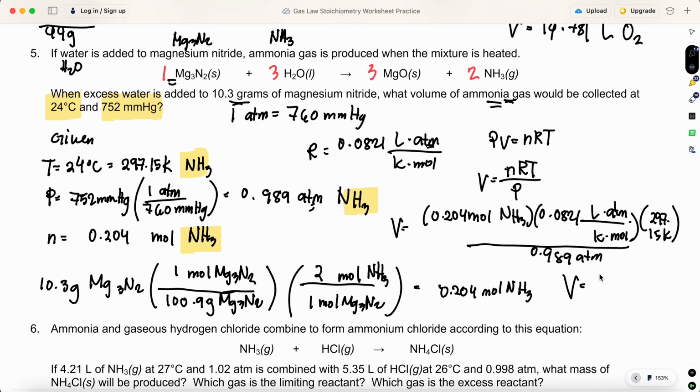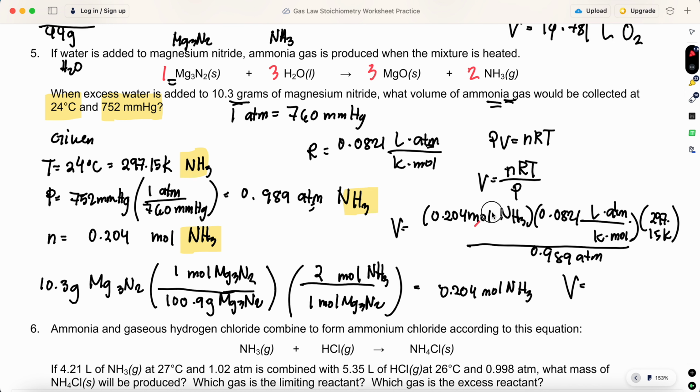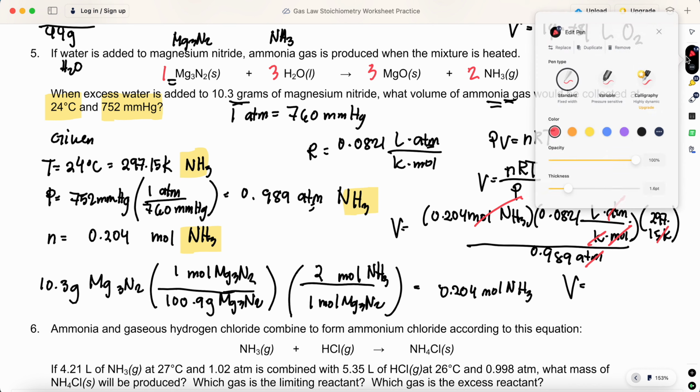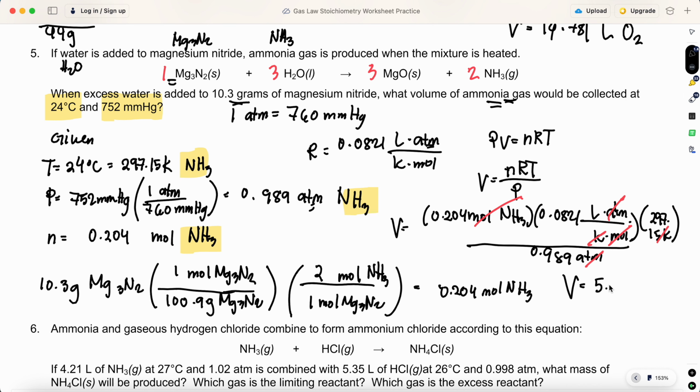Therefore, when you solve for this, the units mole, atm, and K cancel, and your final answer should be near 5.03 L of NH3.